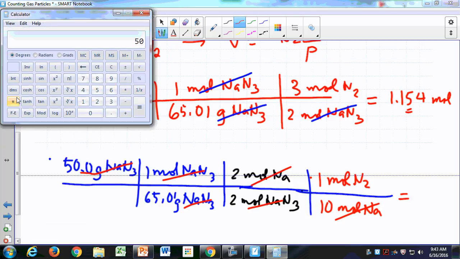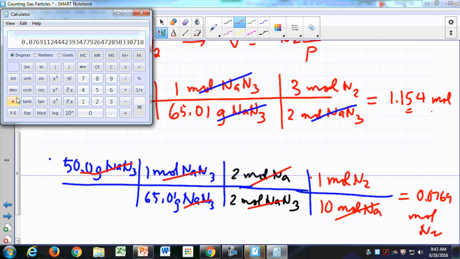We have 50 divided by 65.01. That gives you moles of sodium azide, times 2 over 2. That's the same moles, so that would be moles of sodium. And then times 1 divided by 10. That gives you 0.0769 moles of N2.